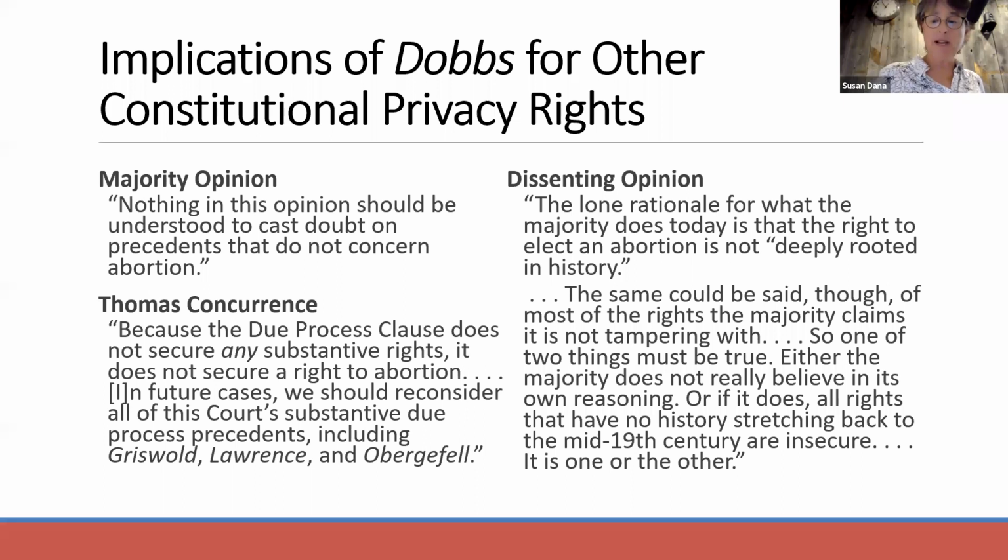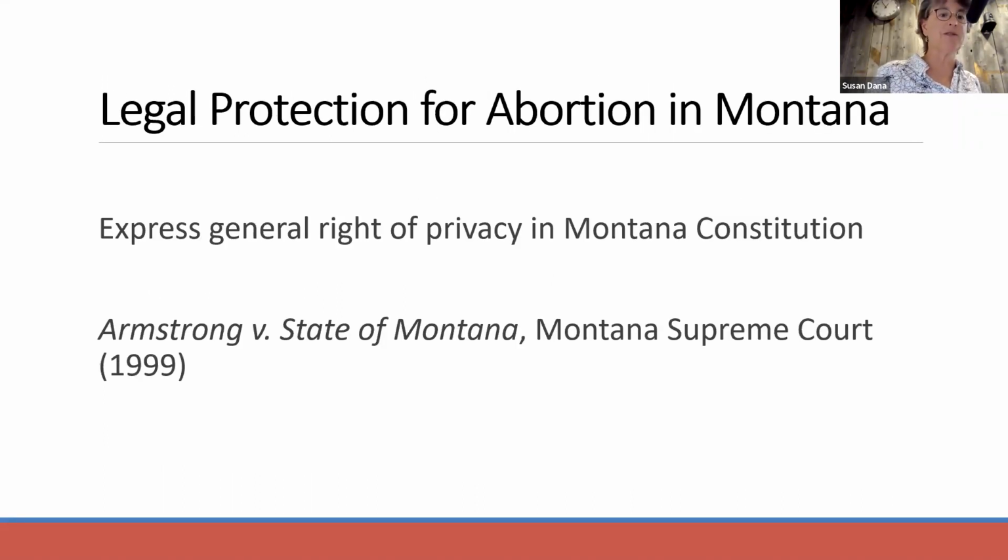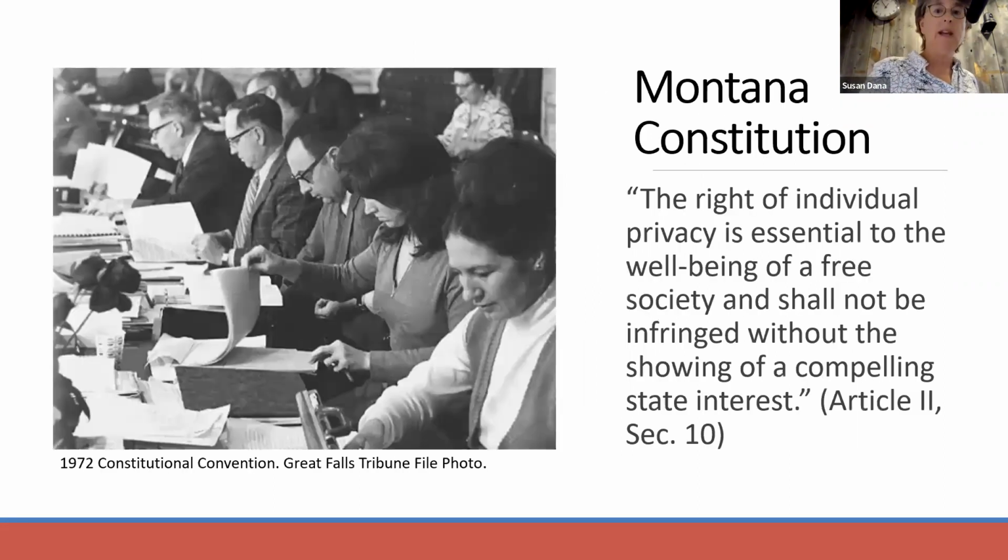So quickly, in Montana, there's good news and there's less good news, but let's focus on the good news first. We do have an express right of privacy in the Montana Constitution, and we have a Montana Supreme Court case that found that that right protects the right of abortion. So the Montana Constitution in Article 2, Section 10 says the right of individual privacy is essential to the well-being of a free society and shall not be infringed without the showing of a compelling state interest.